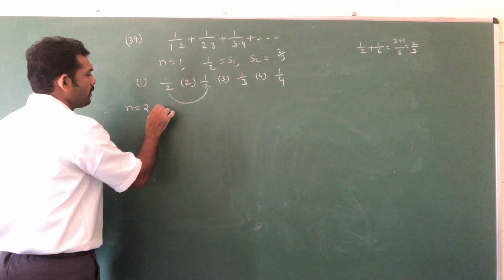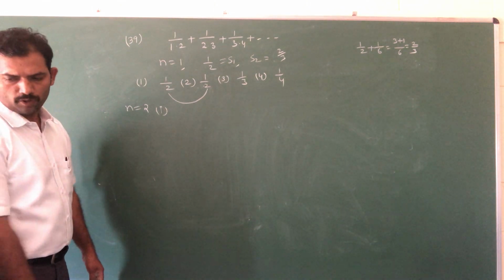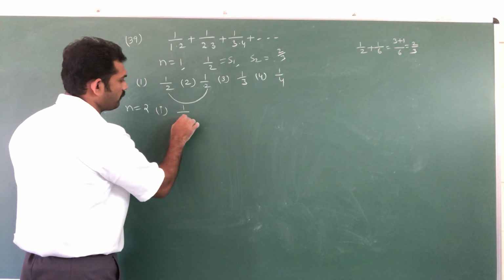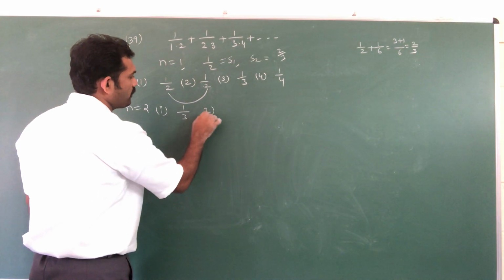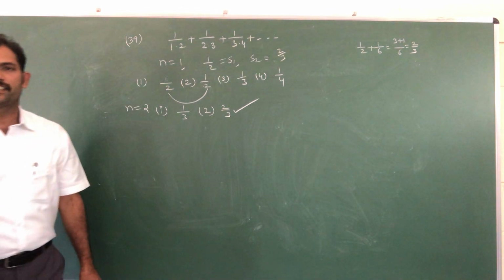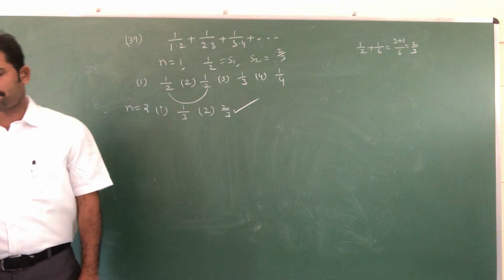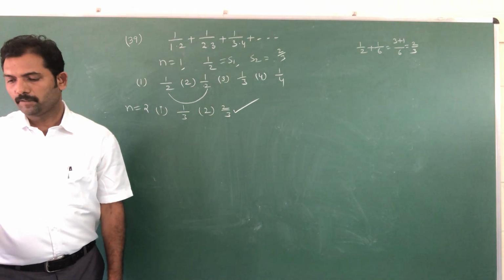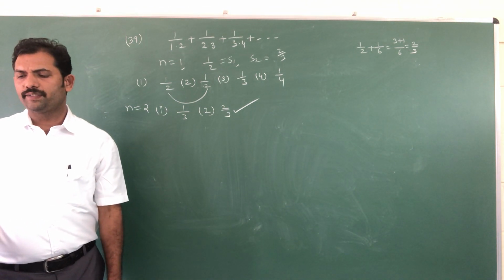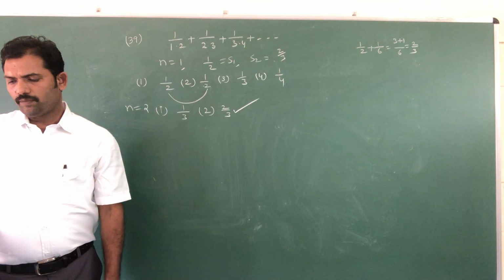So the first option becomes 1/3, and the second option is 2/3, which we are getting. So the second option is correct. So like this you have to practice. 40 also.